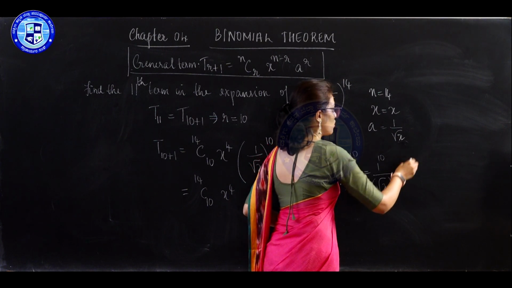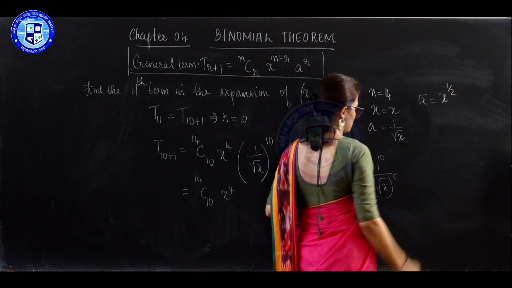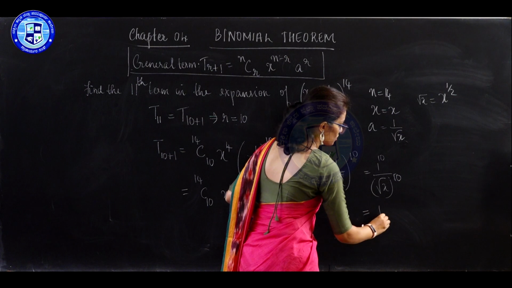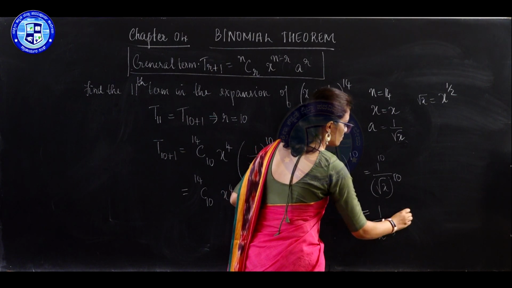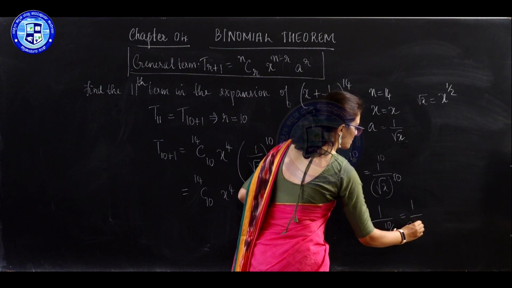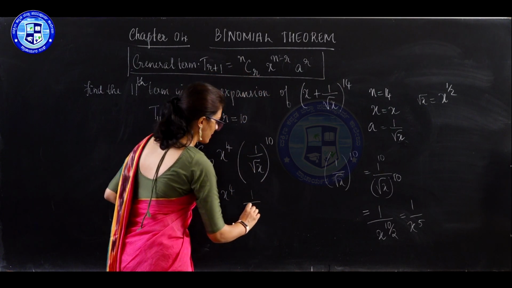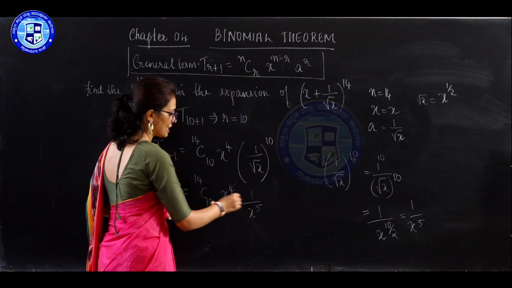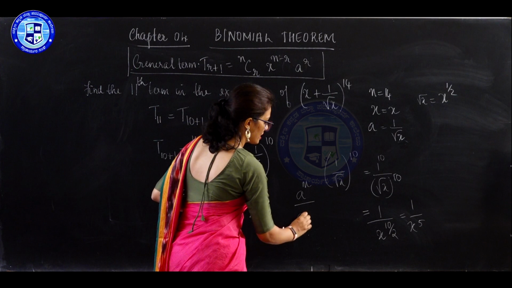Now we know that root x can be written as x^(1/2). So this will be equal to 1 divided by x^(10/2), that will be 10 by 2, that will be equal to 5. So 1 by x^5. So we can calculate, this will cancel out. This is of the form a^m divided by a^n.